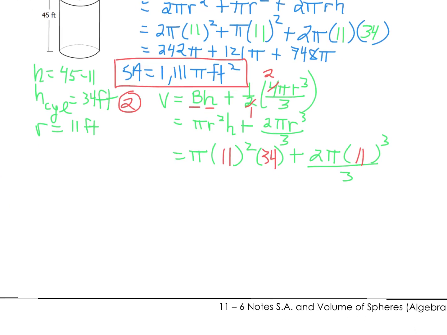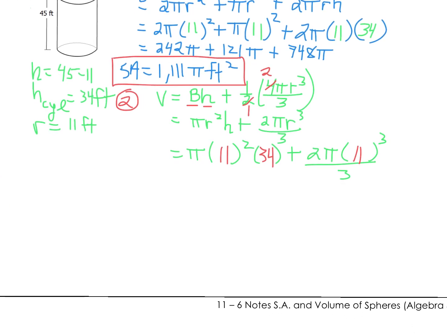So let me move this up a little bit. So 11 squared is 121 times the 34.